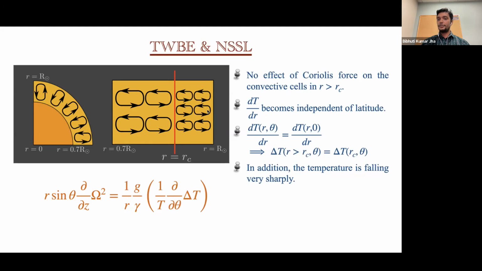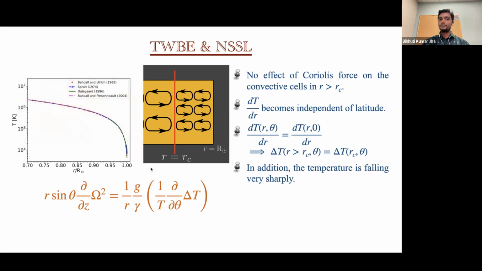But in addition to that, the temperature is falling very sharply in this region, as you can see from the temperature profile of the Sun. So this term will grow. And if this term is growing, the basic idea is that it is balanced by the dissipation term that we have neglected earlier.